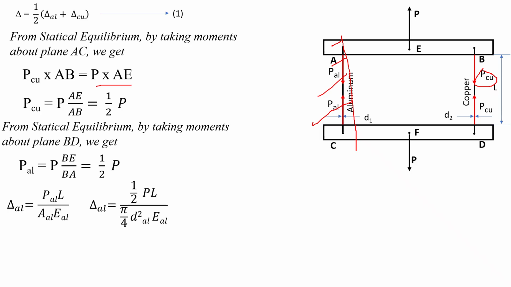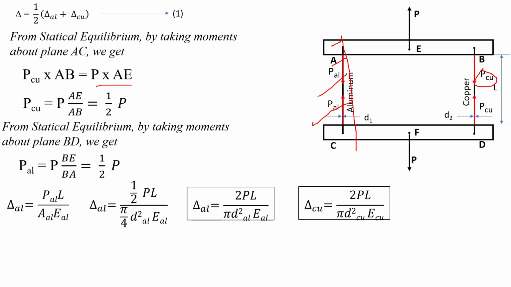Then delta AL can be written as 1 by 2 PL divided by pi by 4 dAL square into EAL, where dAL is the diameter of the aluminum wire. So this can be written as 2PL by pi dAL square into EAL.